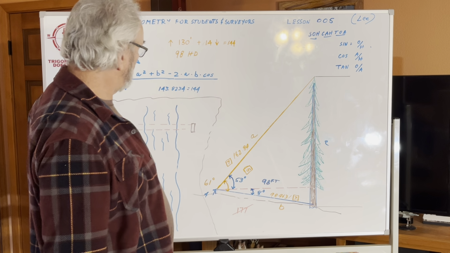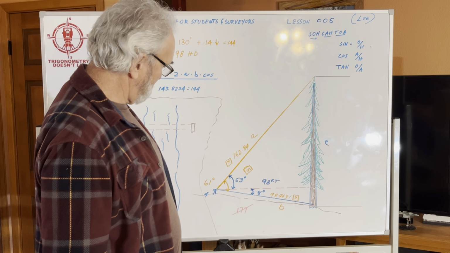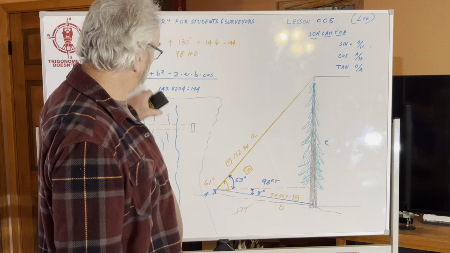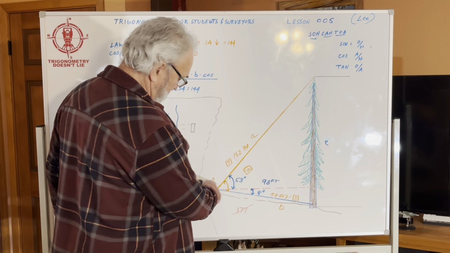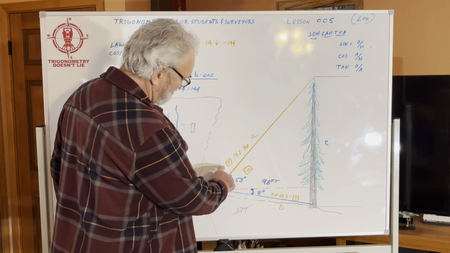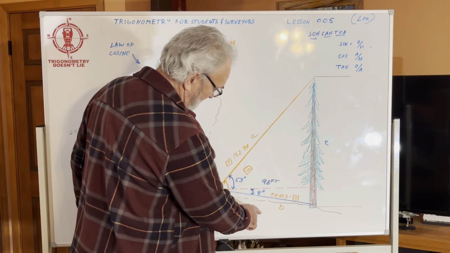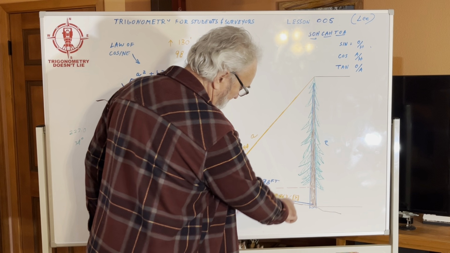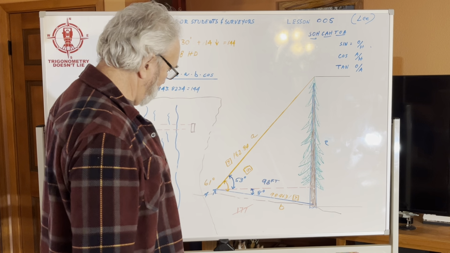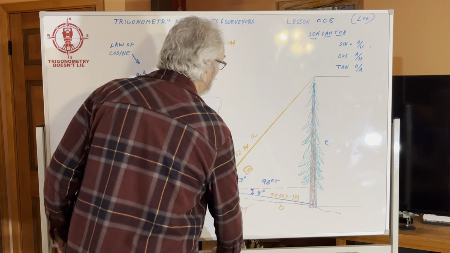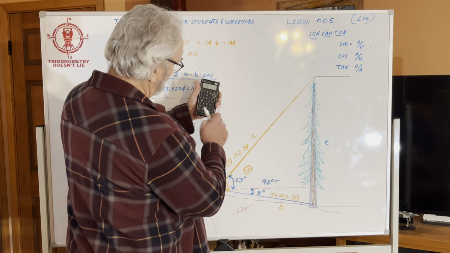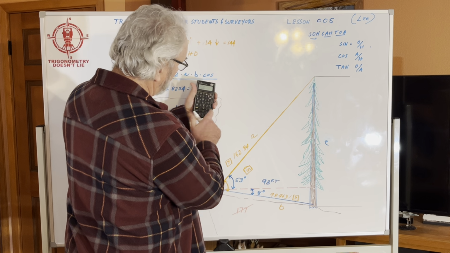Law of Cosines. It's quite a long calculation here. So I've stored 61 in 0. I've stored side A in my 7 key. And I've stored side B in my 3 key. No particular reason, it's kind of a memory thing for me. On the calculator you have 0, 7, and 3.